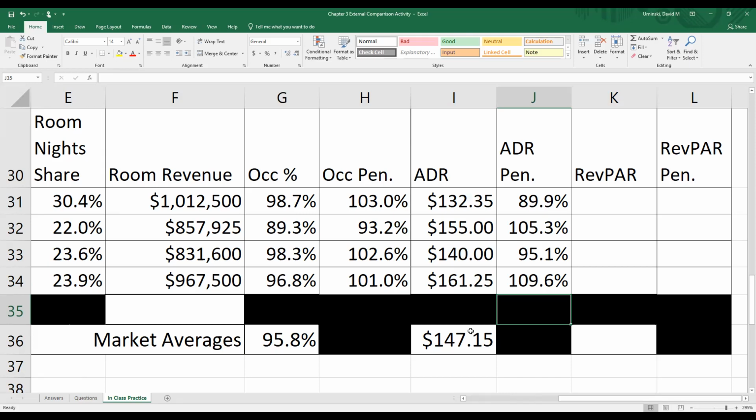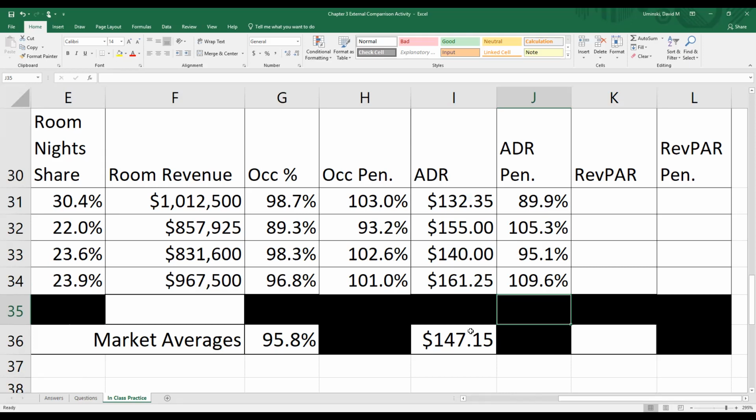So let's look real quick at occupancy and ADR. Hotel A had the highest occupancy percentage, but they also had the lowest ADR, which means the rooms were cheaper, so more people bought them, right?